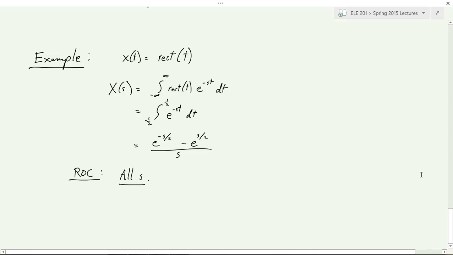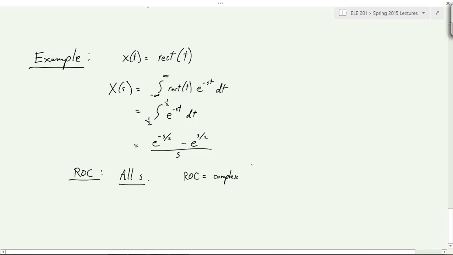So we should really say it's this value for non-zero s, and it's 1 for s equals 0. Fortunately, the limit of this as s goes to 0 is 1, so we don't worry too much about specifying that. So we would say the ROC equals the complex plane.